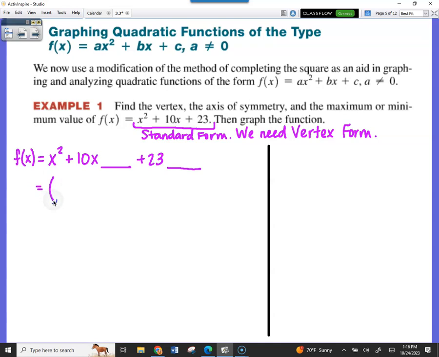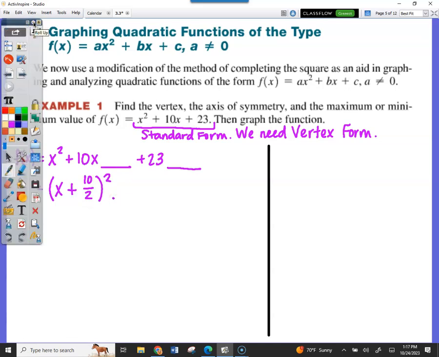What are the shortcuts? X plus b over 2 squared, right? And then that's what took the place of this. Then we've got plus 23, and then we have this line, right? Yesterday, whatever we did to one side, we did to the other.